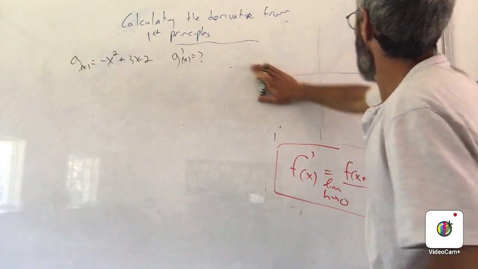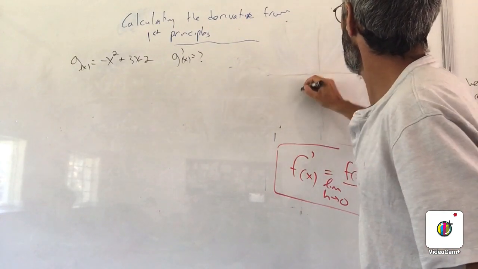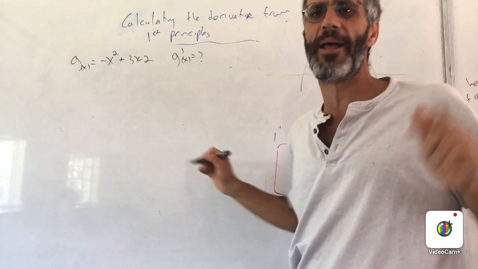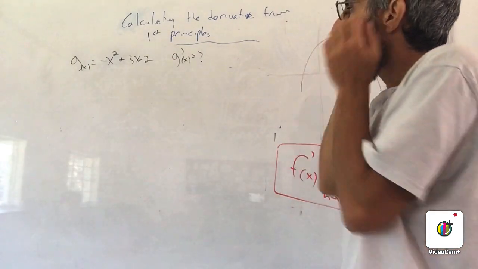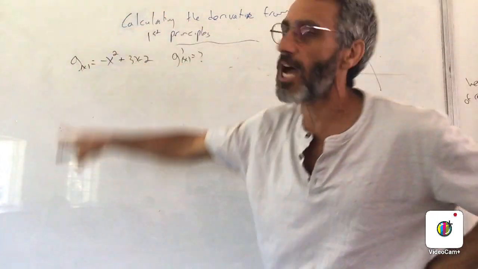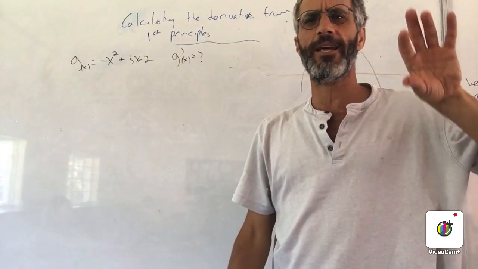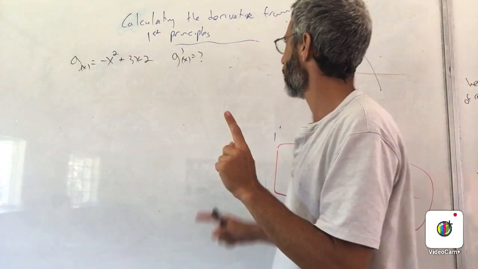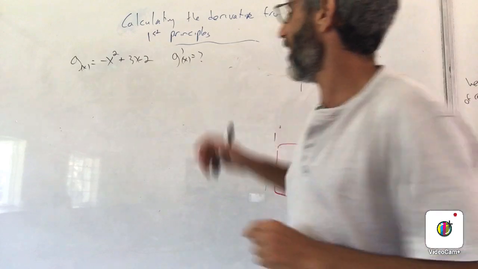I'm not going to even draw the Cartesian plane, I'm just going to draw an unhappy face. I just don't know where it crosses the x and the y, it doesn't matter. So, they asked me to calculate using first principles. What we're doing now is first principles, meaning in a couple of lessons' time, I'll show you a much easier way, but it's not first principles. So, I've been asked to calculate g prime of x.